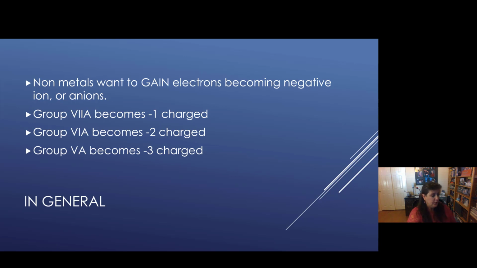So group 7 becomes -1 charge, so write a little -1 above fluorine. Group 6, oxygen's column, becomes -2. Write a little -2 up there on your table. And group 5, the nitrogen column, becomes -3. So write a little -3 up there. That's in general.